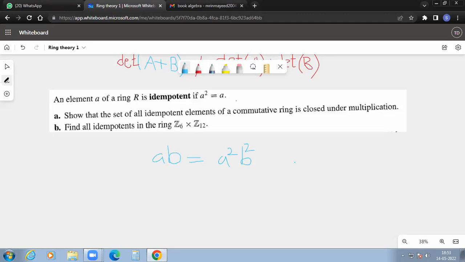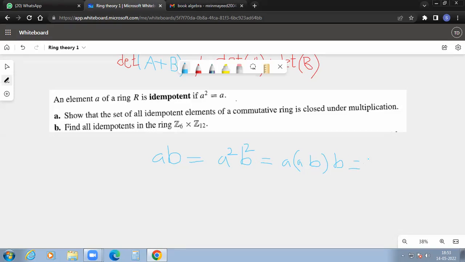Now because it is a ring, multiplication is associative, and it is given that it is moreover commutative. So you can write this as what? A into A into B into B, and I may combine it this way. I may commute it. So what will it give me?